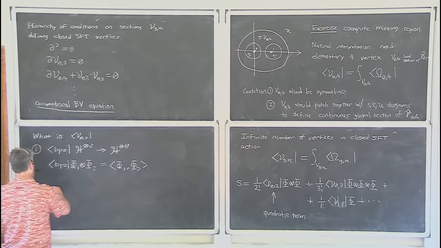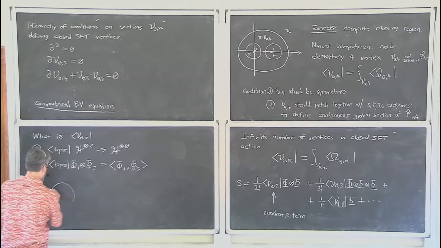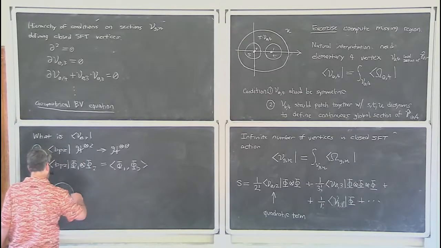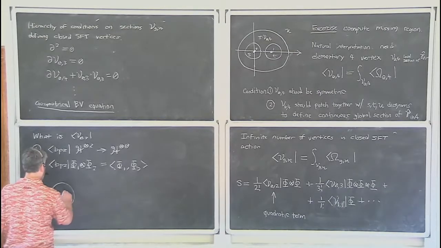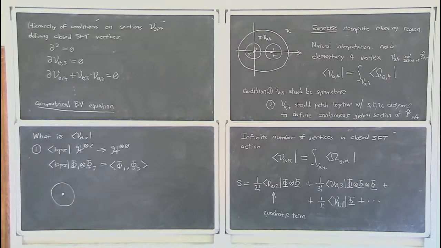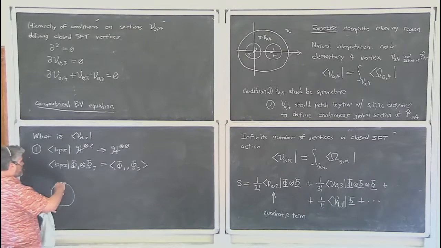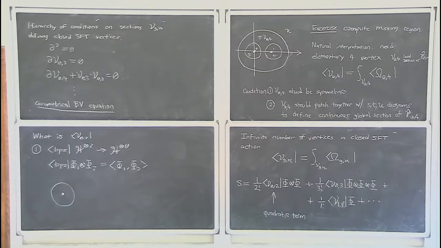And the definition of the BPZ inner product is in some sense obvious. We saw that a state can be defined by a unit circle with some vertex operator. But the complement of the unit circle in the complex plane is empty.